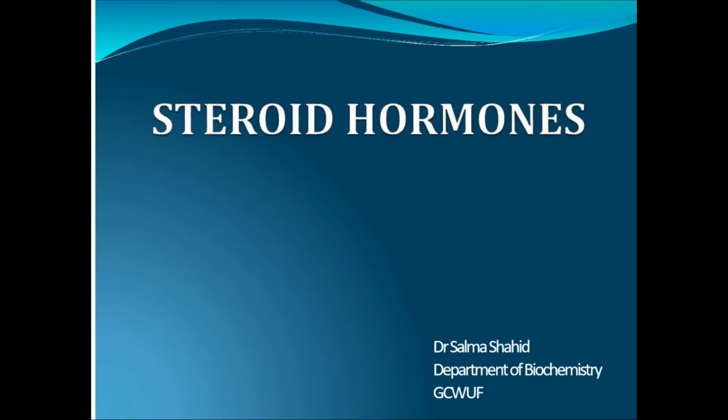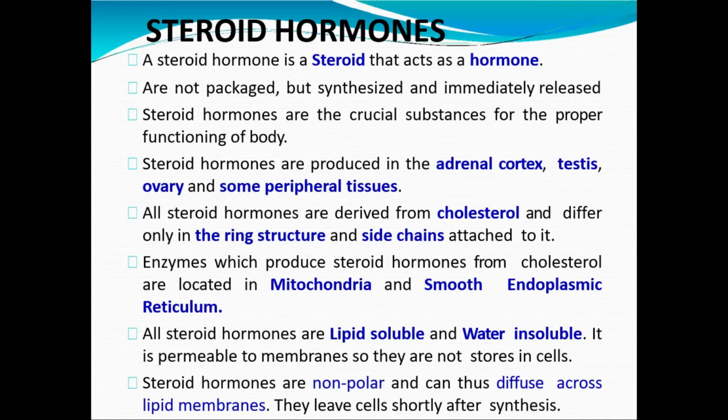We are studying hormones, and our today's lecture is all about steroid hormones. What are steroid hormones? They are a group of hormones that belong to a class of chemical compounds known as steroids. These hormones are secreted by three glands.